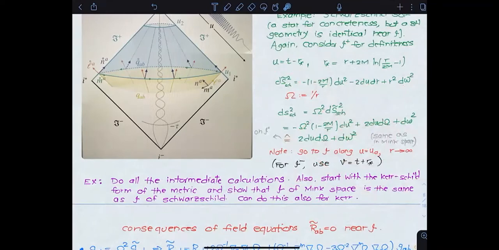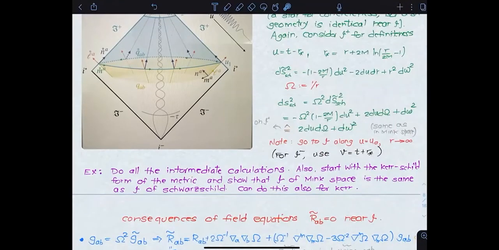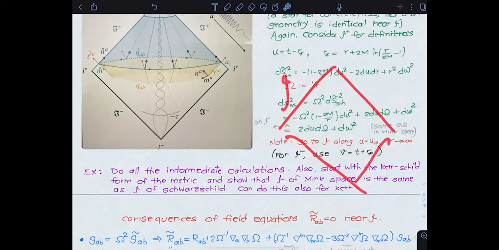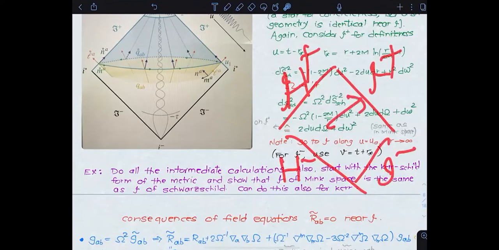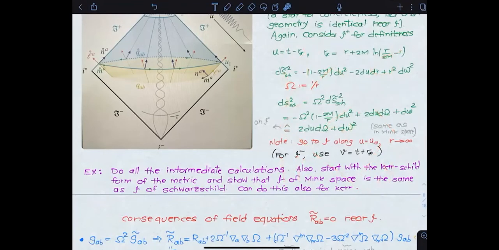This R star coordinate goes to minus infinity on the horizon, as you know. But then what we can do is define, as an intermediate step, the retarded coordinate U. So this will be the horizon, H minus, H plus, this is scri plus, this is scri minus, and the retarded coordinate is U, which is just given by T minus R star.